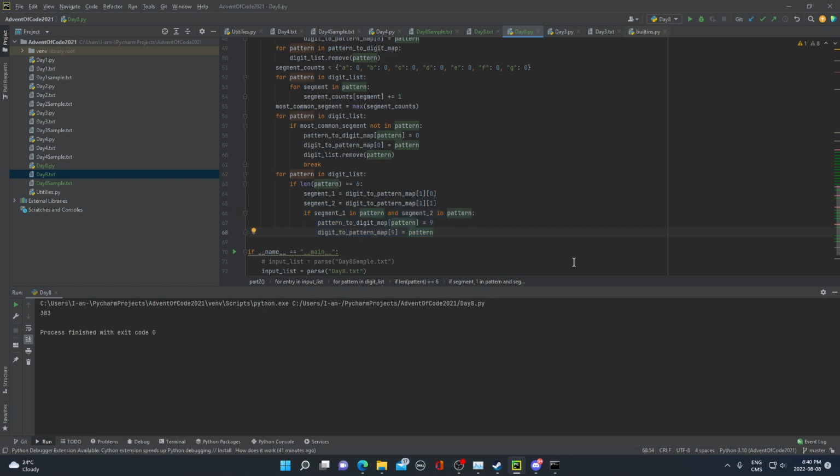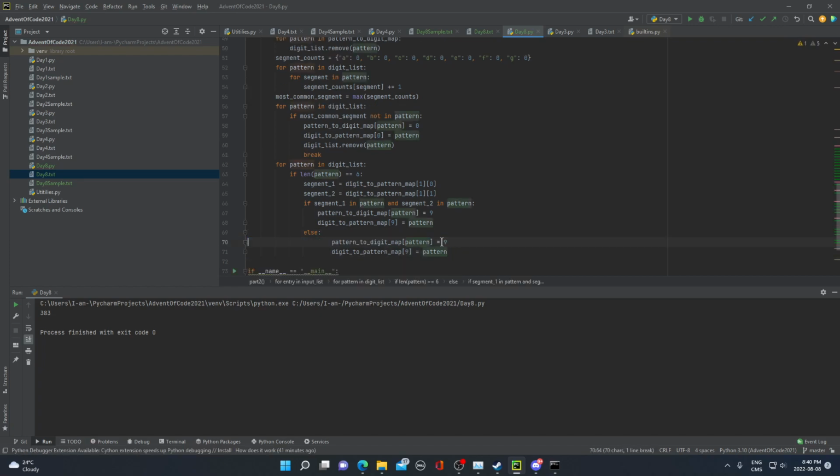I don't want to do an else statement, but I think I should, because theoretically it should work. That being that if only one segment exists, then it should be a 6. But we don't know. But what if something goes wrong in another portion of the code and then both segments don't exist? Then it gets a bit tricky.